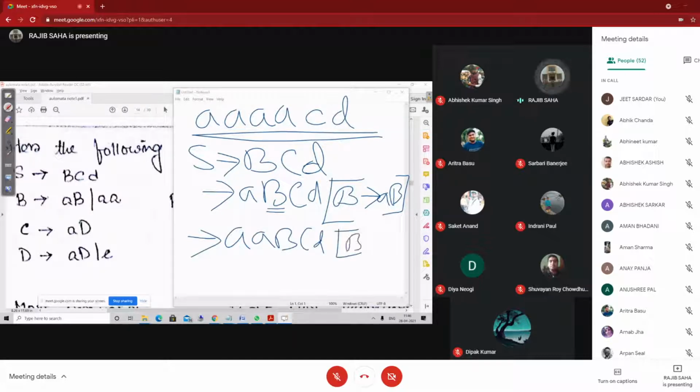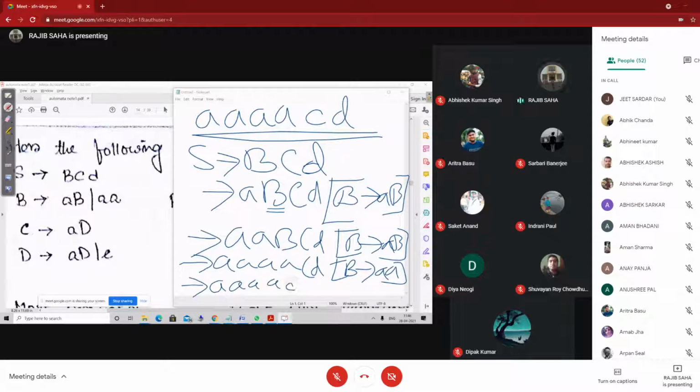So I have used the production A tends to AB. Then in the next step, I have got A A, and I have used the production B tends to AA. And the next step, A small c and d.